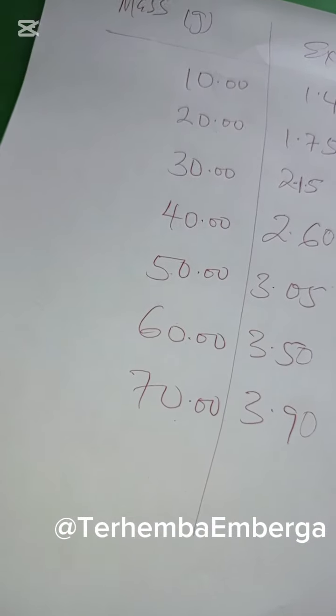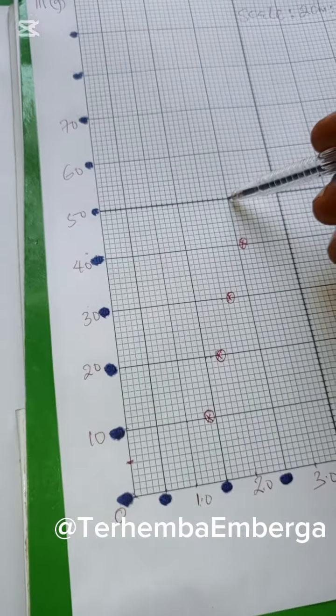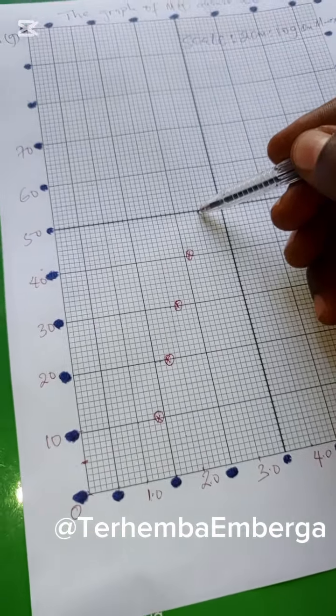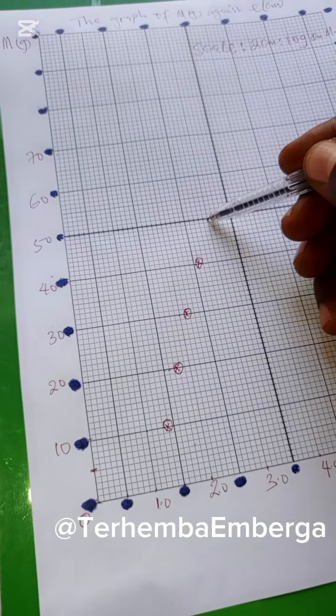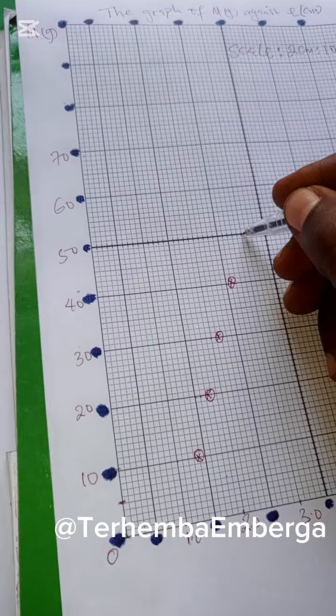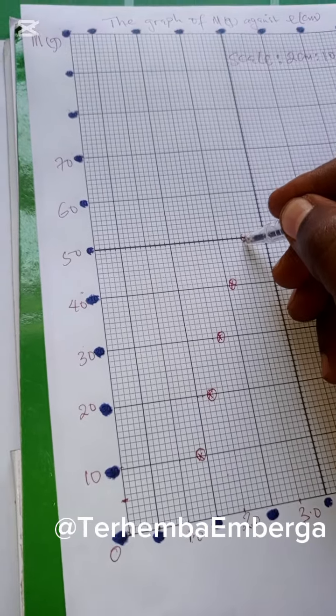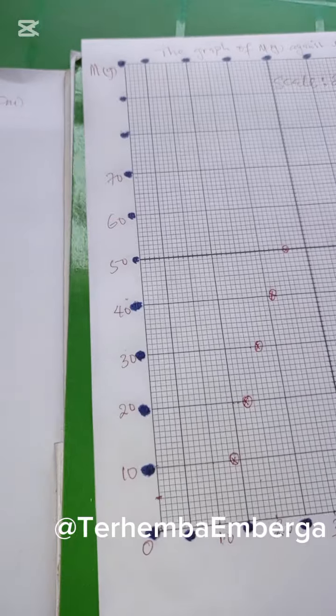Then the next is 50. 50 against 3.05. This is 50. This is 3. It's not up to 3.1. 0.5 should be somewhere in between.